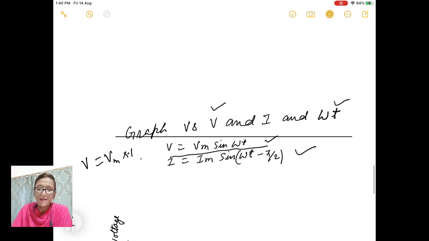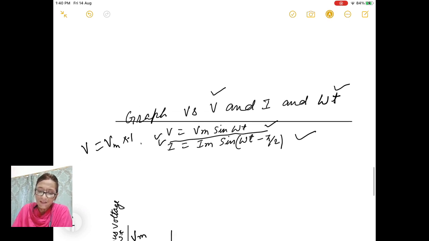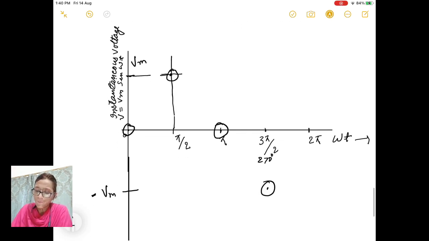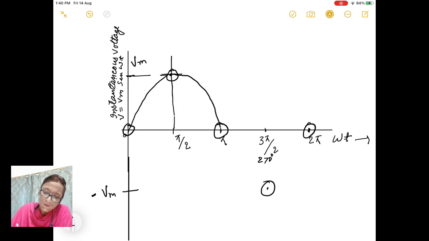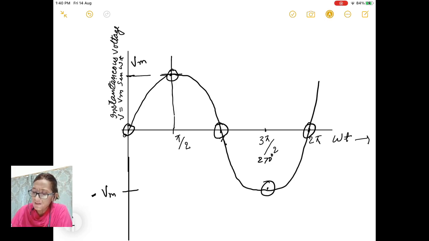And finally, when omega t is 2 pi, sine 360 degree, that is again equal to 0 and your V becomes equal to 0. So we get a graph when we draw a line with free hand through all the plotted points. Here we have a graph for voltage versus omega t.